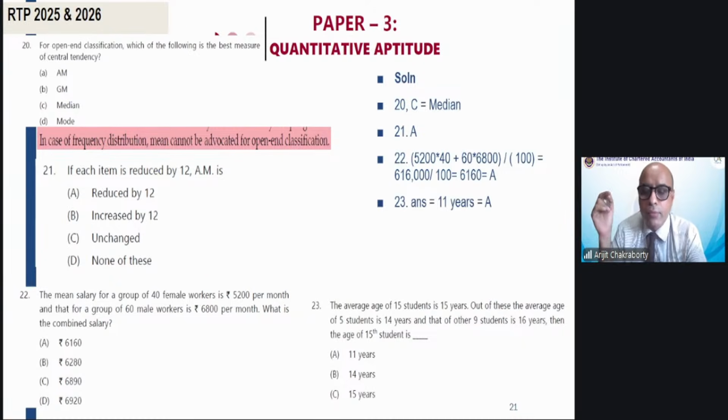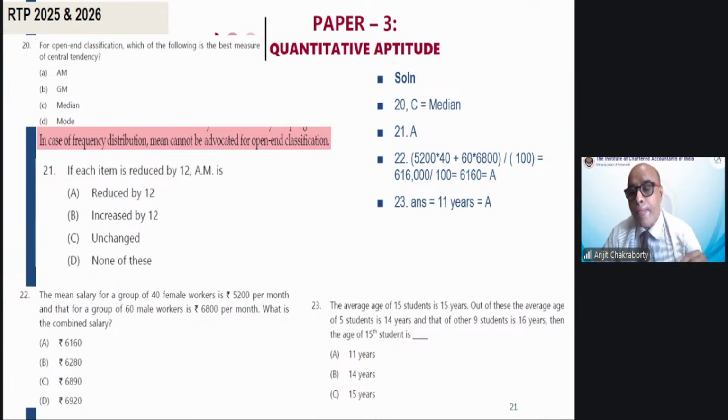Question 23, the average age of 15 students is 15 years. So the total age is 15 into 15, that is 225. Out of these, the average age of 5 students is 14 years. So the total age of the 5 students is 14 into 5, that is 70.